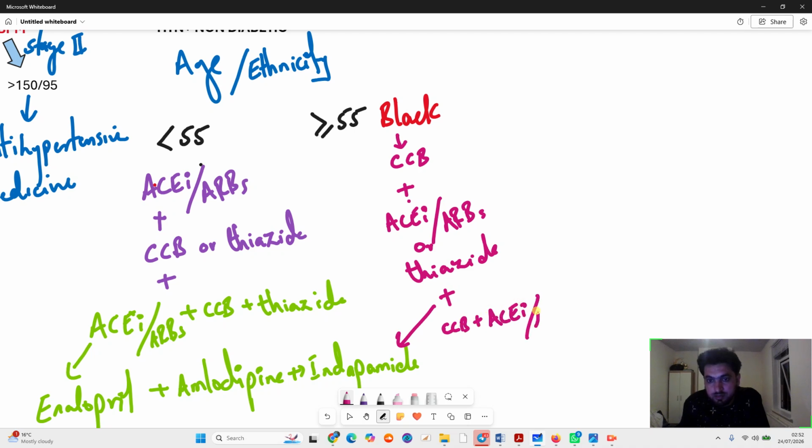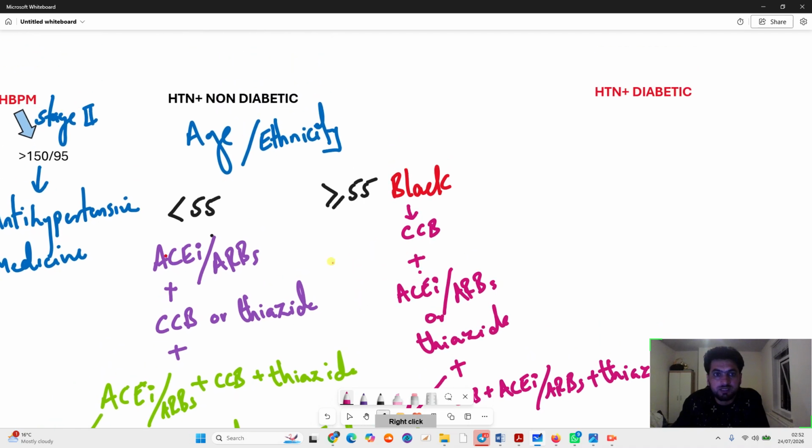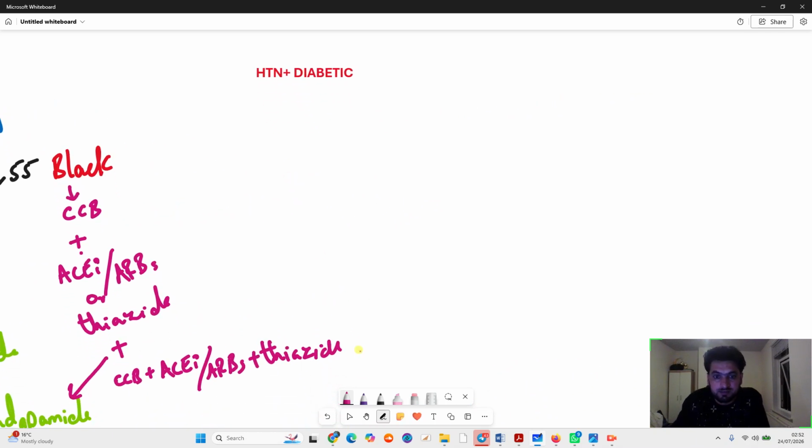Calcium channel blocker plus ACE or ARBs plus thiazide, which I wrote here. By this, you can deal with a hypertensive patient who is non-diabetic, choosing the criteria of age and ethnicity.